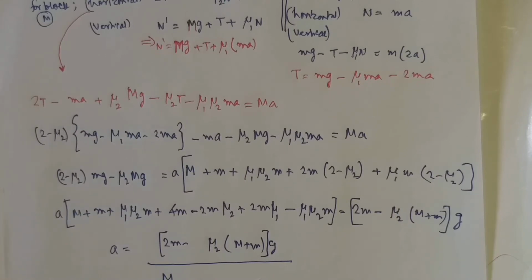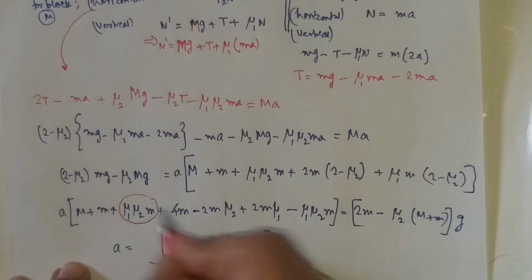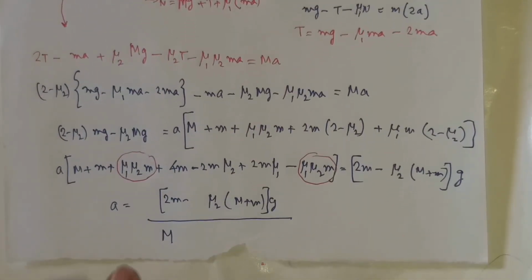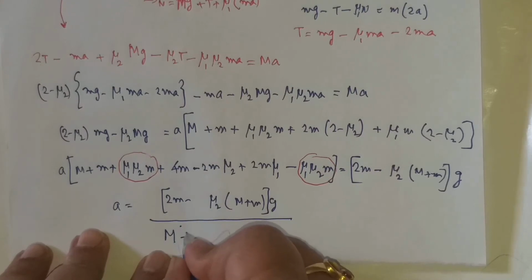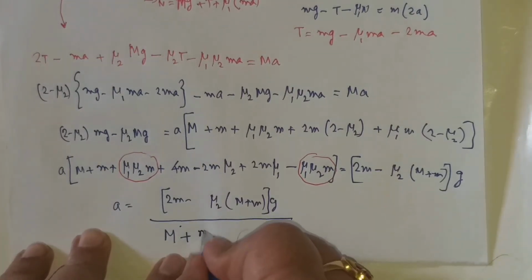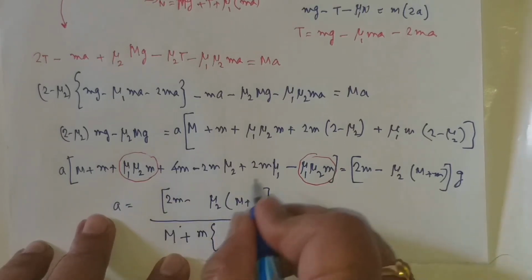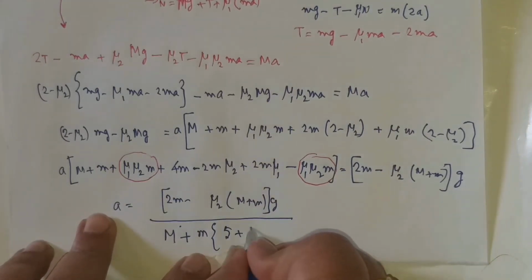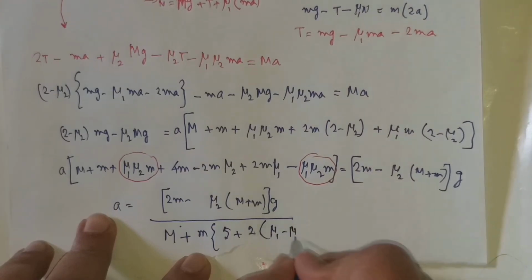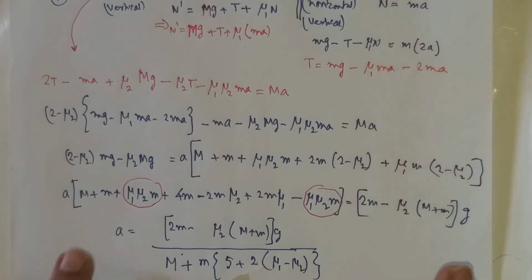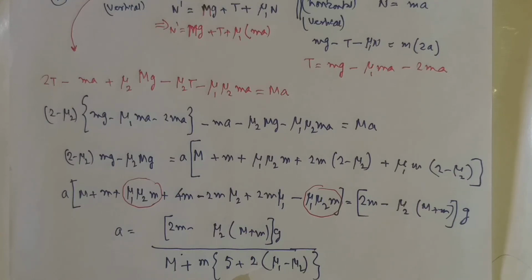You may be able to see that these two terms get cancelled because one is positive and one is negative, and now I am going to put this capital M plus this small m, and 4m plus this 1m is 5m, so I am taking small m common, so it will be 5 plus 2 times mu1 minus mu2. So this becomes the acceleration value of the block. You can pause the video and see it for your own satisfaction and check all the calculations.